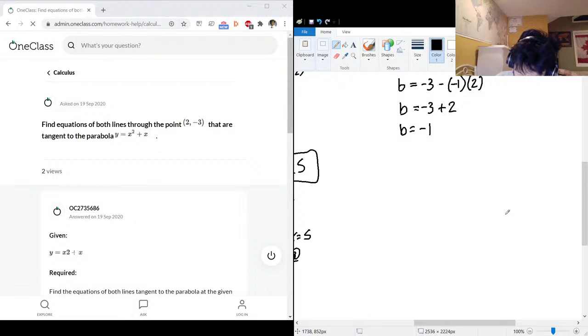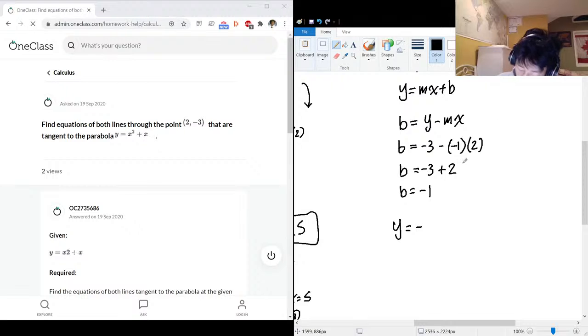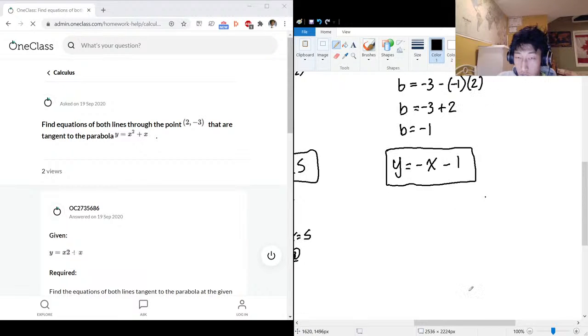That means our equation here would be y equals negative, well, our slope was -1, so we just do negative x, plus b, our b is -1, so that's going to be -1. Cool.